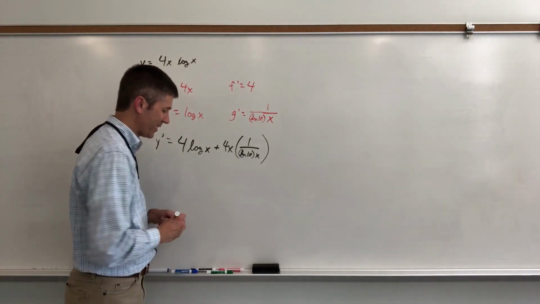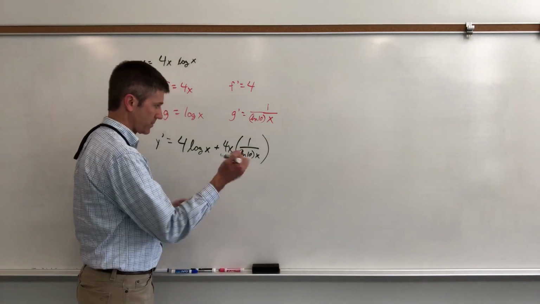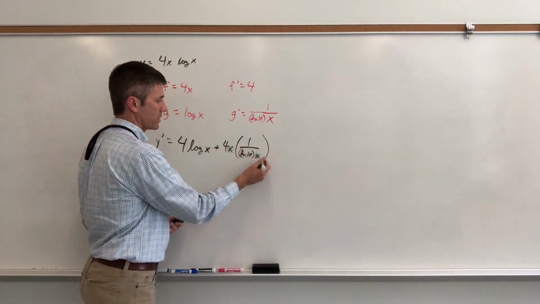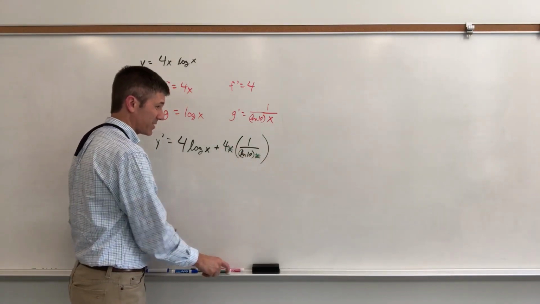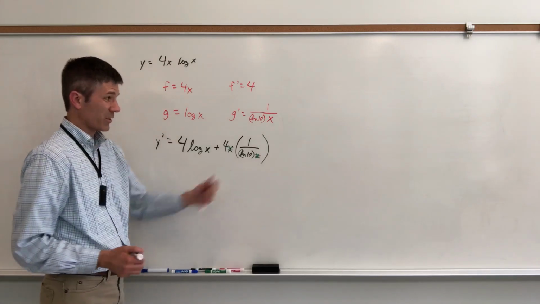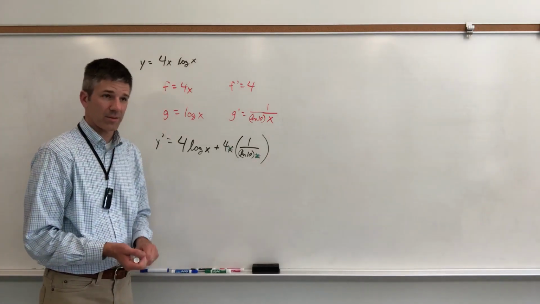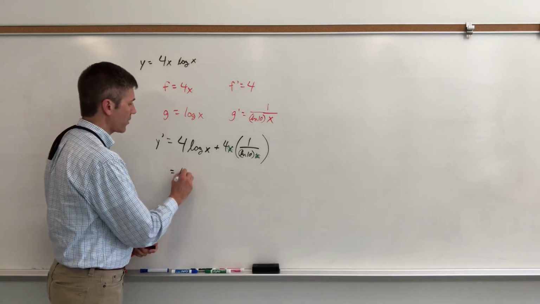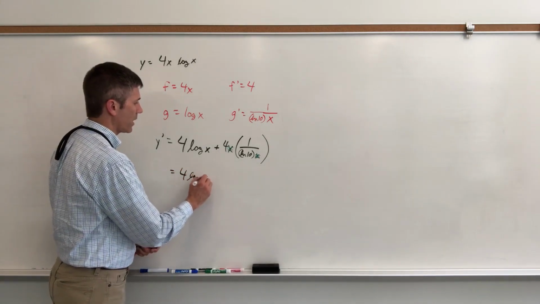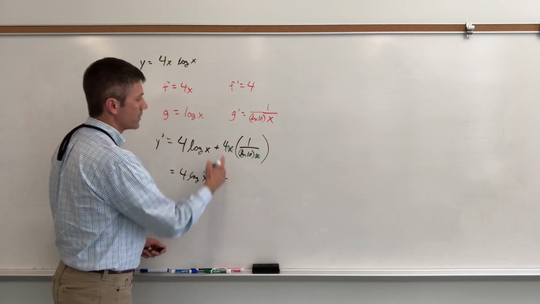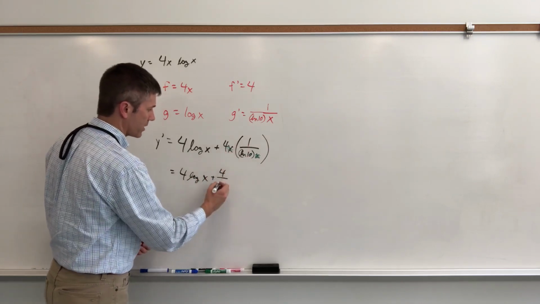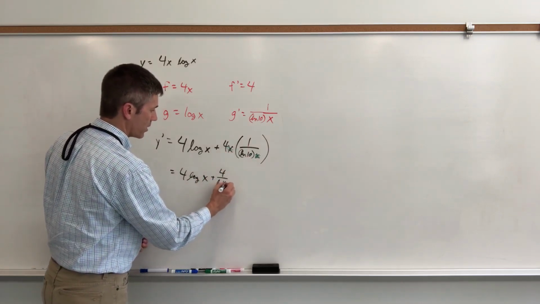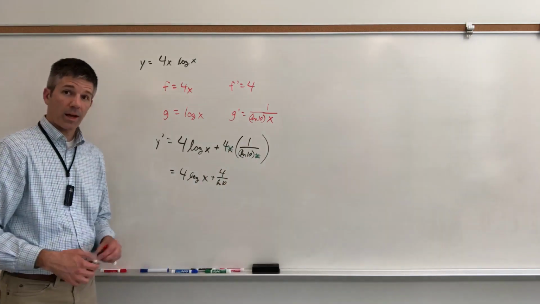What I am going to do is cancel out this x with this x, and I'll simplify just a little bit. So we're going to basically have a constant over here. This is going to be 4 over natural log of 10, which is not a pretty constant, not a rational constant, but it is a constant nonetheless. So we're going to have 4 log of x plus 4 over 1 times 1 over ln 10, so 4 over natural log of 10. And that is what we're going to have on the first one.